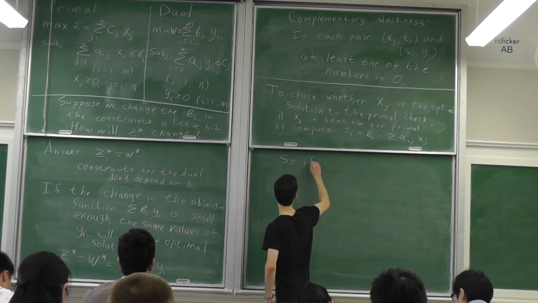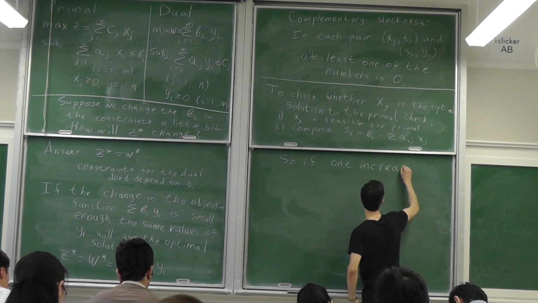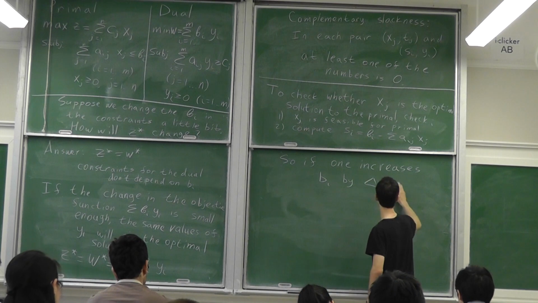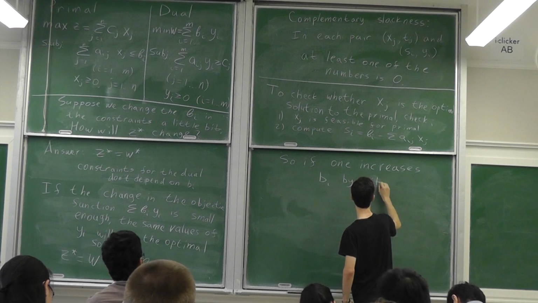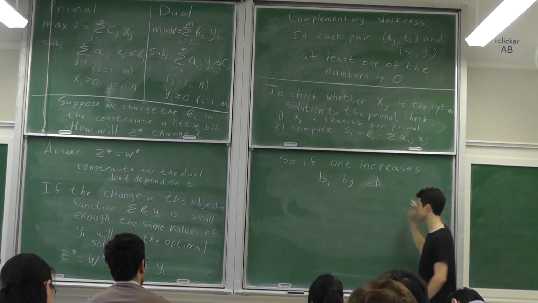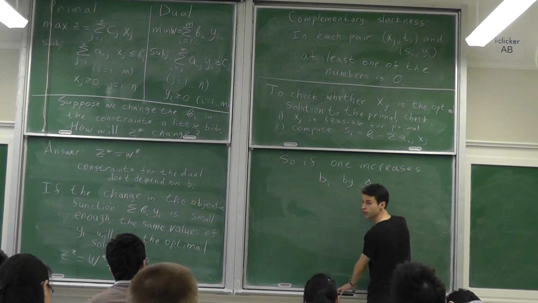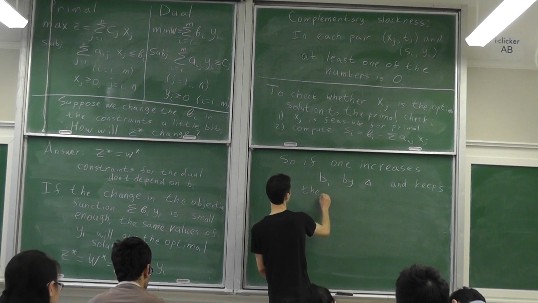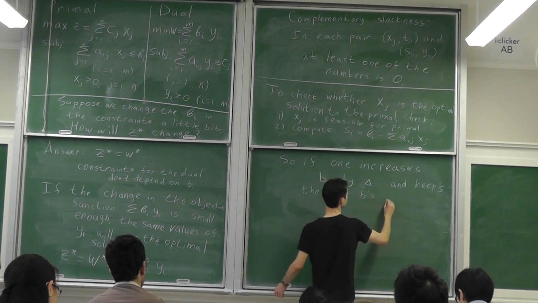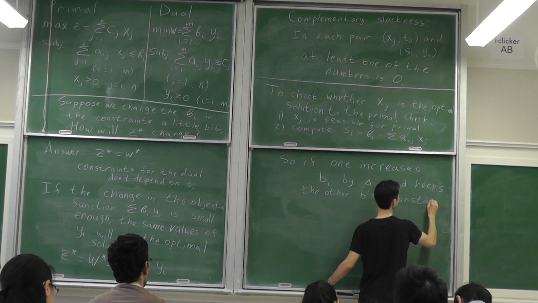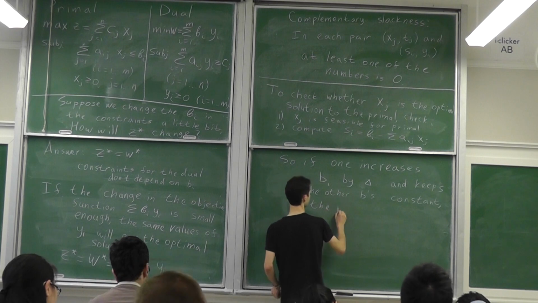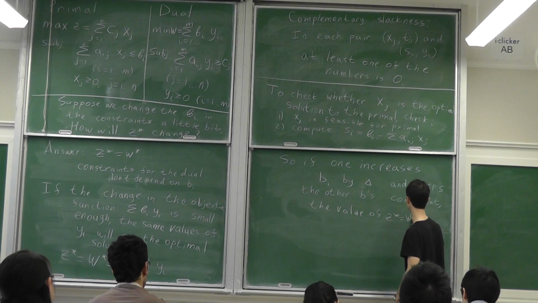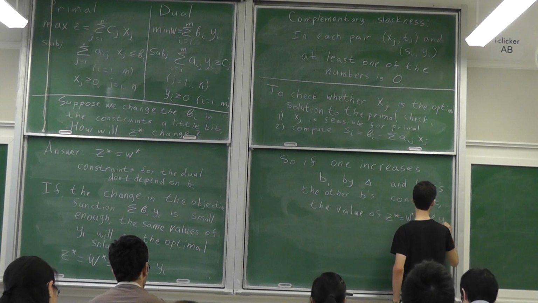So if one increases, say, bi by some small number delta, and keeps the others constant, the value of the optimal solution, which is also the optimal solution for the dual, which is also the sum of bi yi.